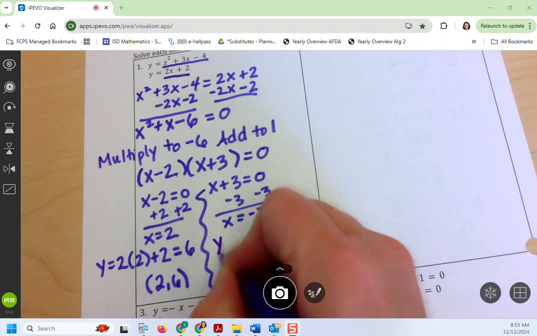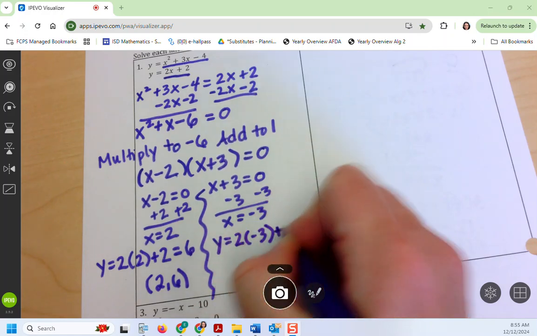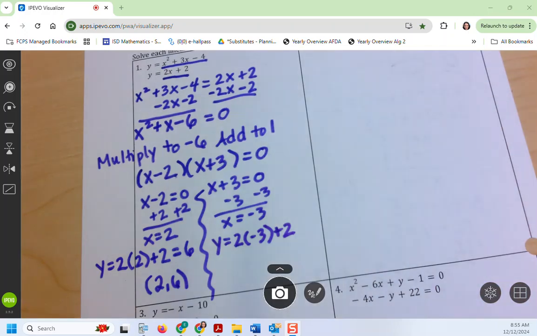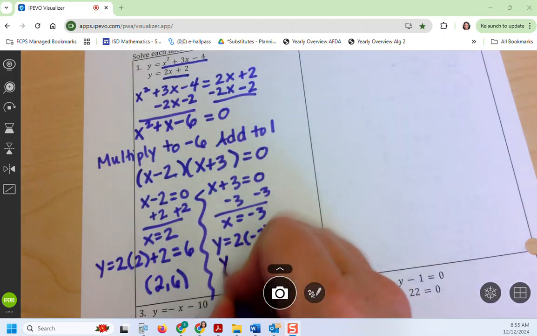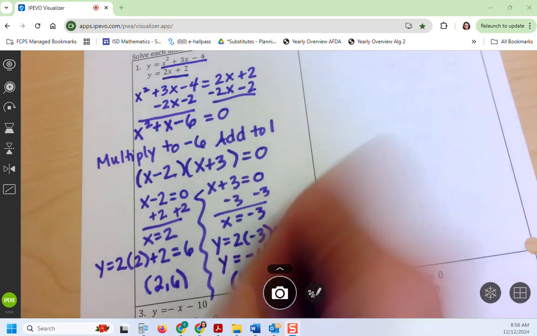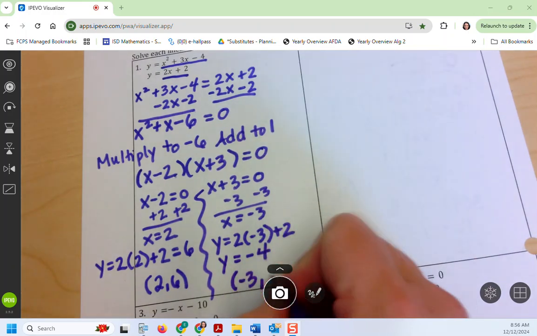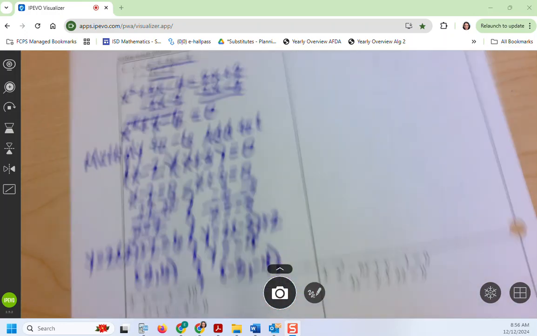So y equals 2x plus 2, so 2 times -3 plus 2. Okay, so -6 plus 2, you guys getting -4? So when x is -3, y is -4. There's two solutions.